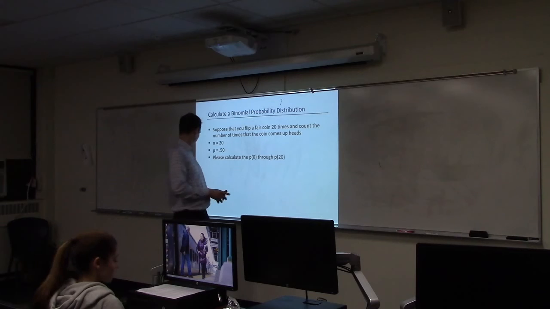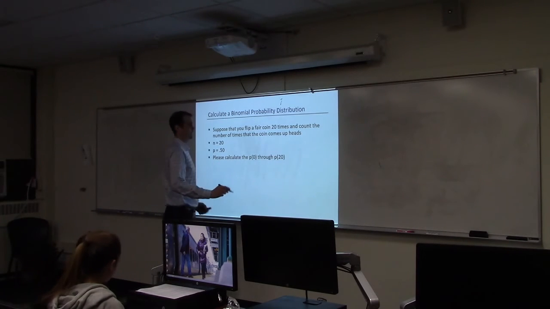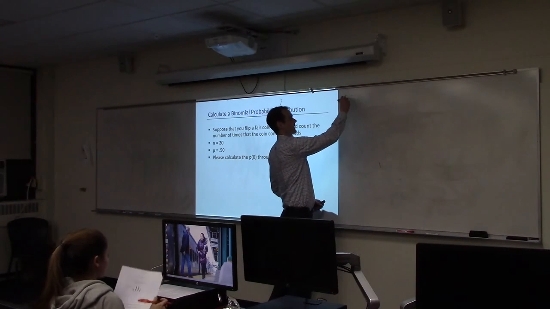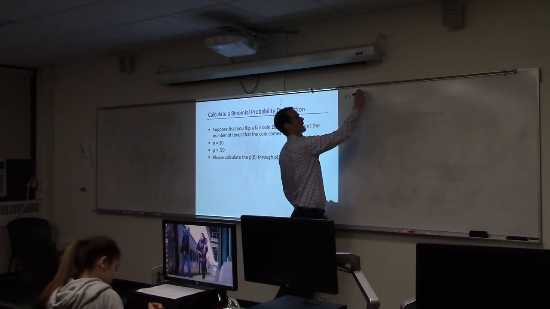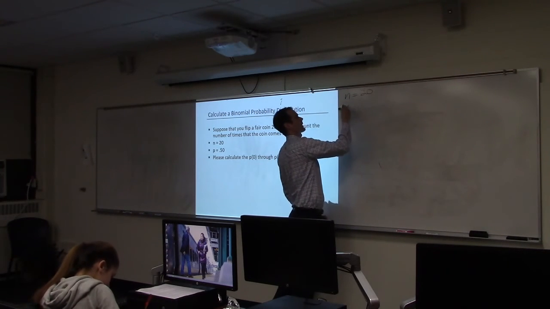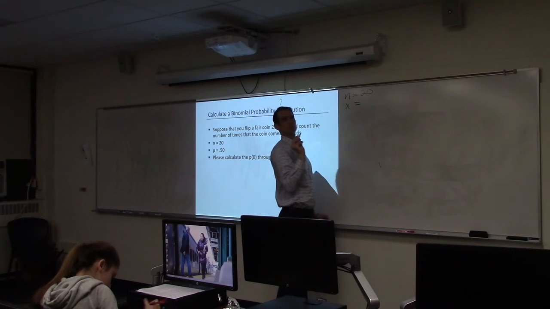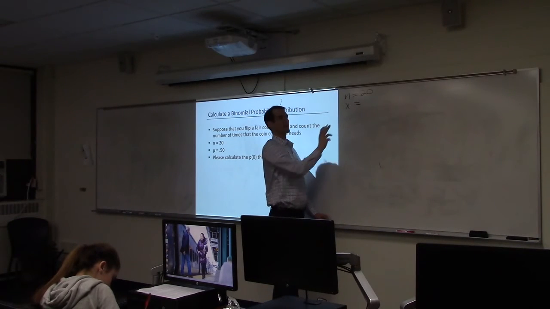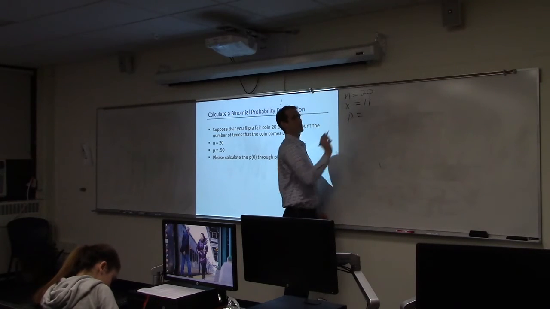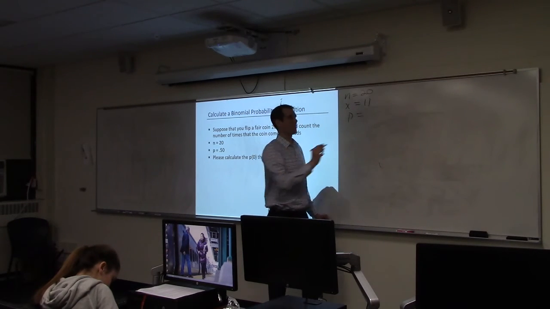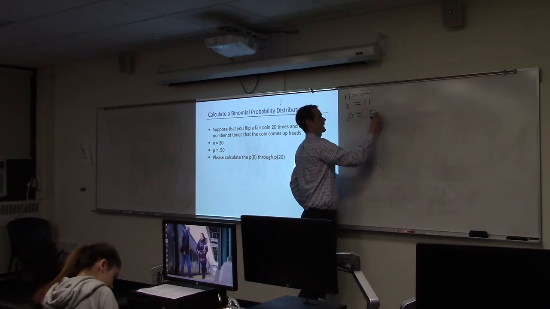Alright. So what is our n in this scenario? 20. 20, yes. What is our x in this scenario? 11? Number of successes, exactly. What's the probability of success each time? 0.50, outstanding.